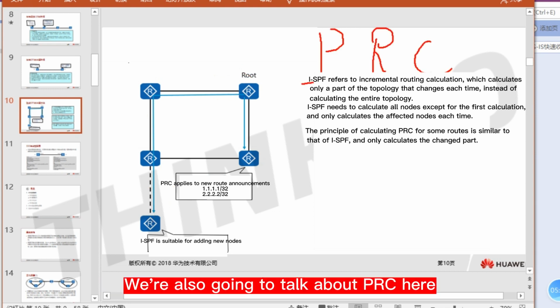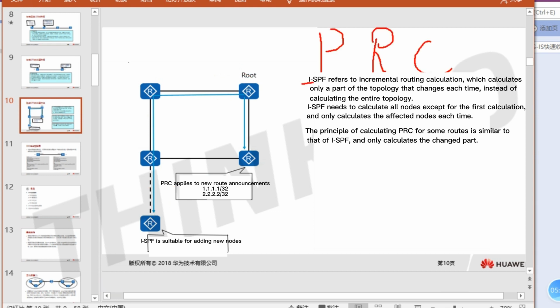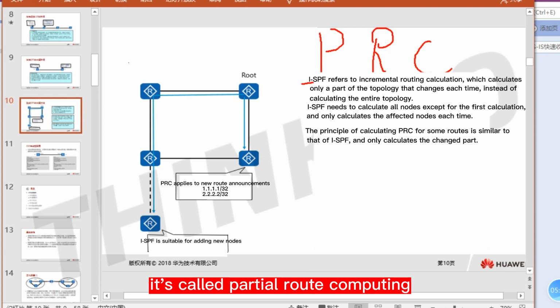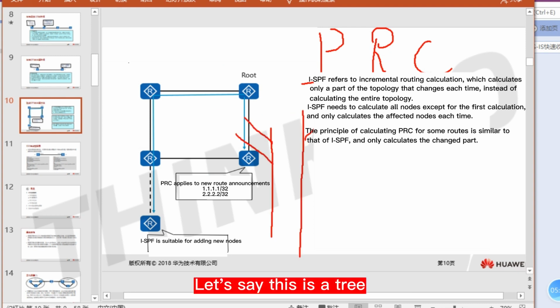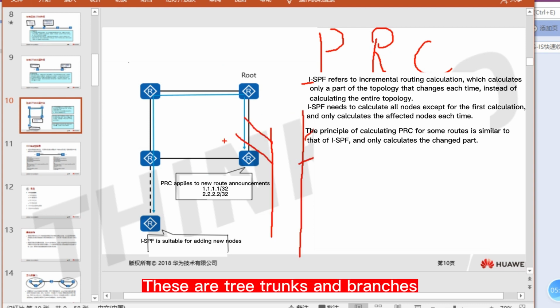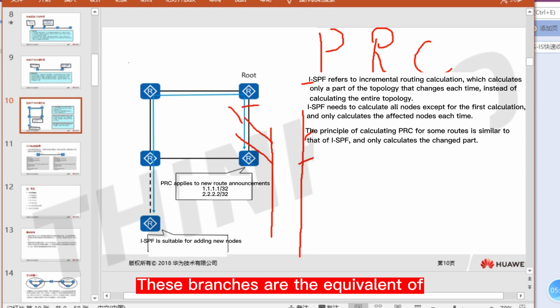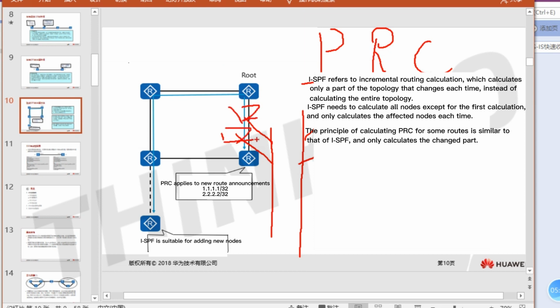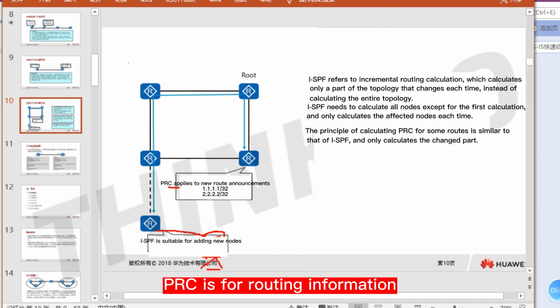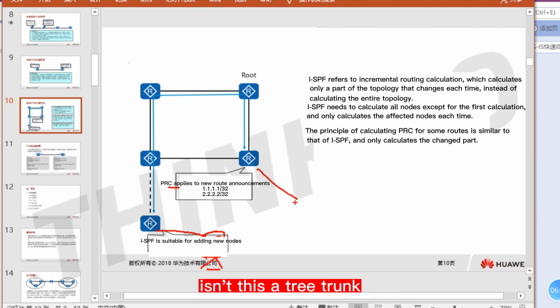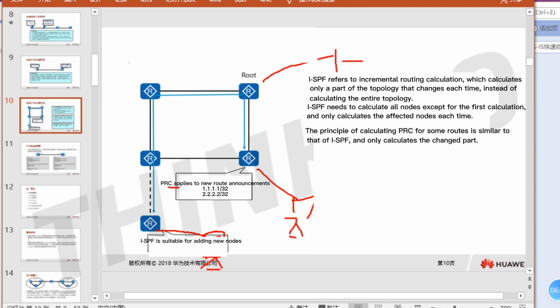We're also going to talk about PRC here. It's called partial route computing. Let's say this is a tree, with a trunk and branches. These branches are the equivalent of what is connected to a router. The trunk is the router-to-router connection. PRC is for routing information, like one leaf after another attached to the trunk.